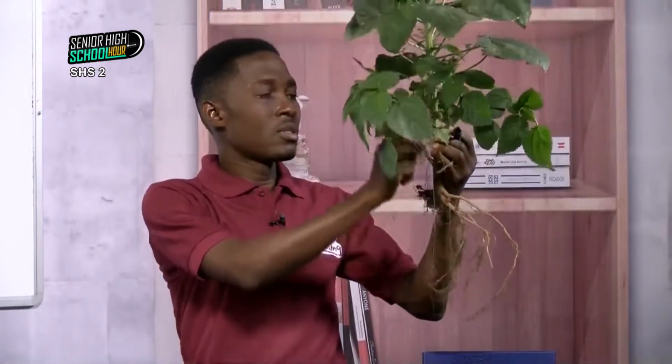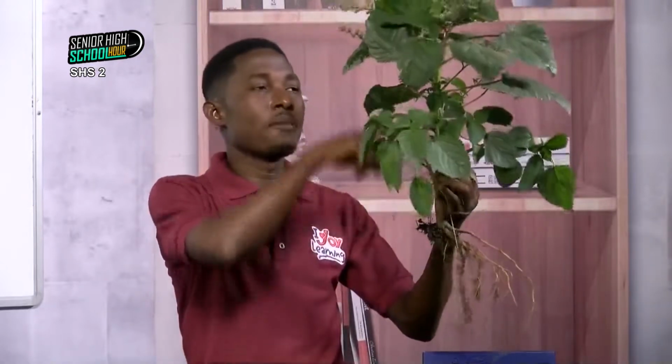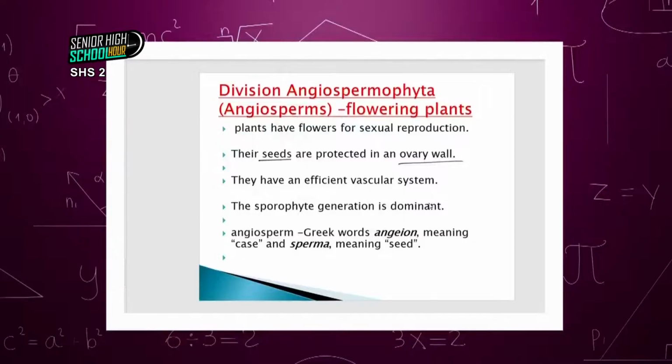Then they have a very good, efficient transport system. You see a root down here, the tap root, anchoring the plant to the soil, getting water through the whole plant. And the dominant phase of the organism, this whole phase, is the spore producing stage. It doesn't produce typical spores, but it is the stage that will produce the flowers.